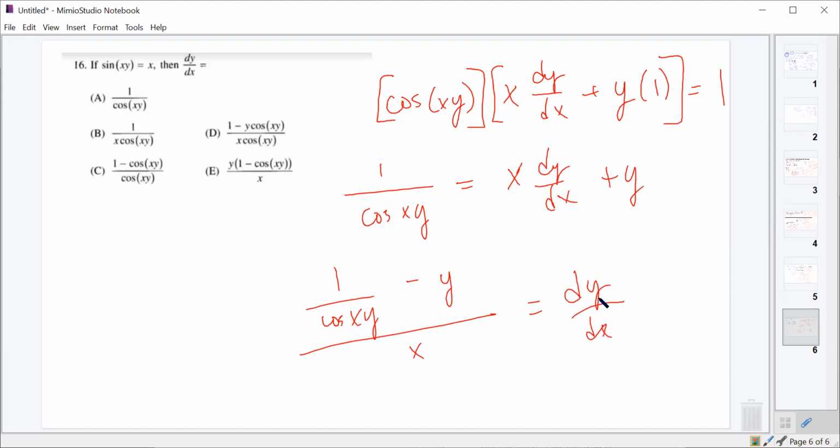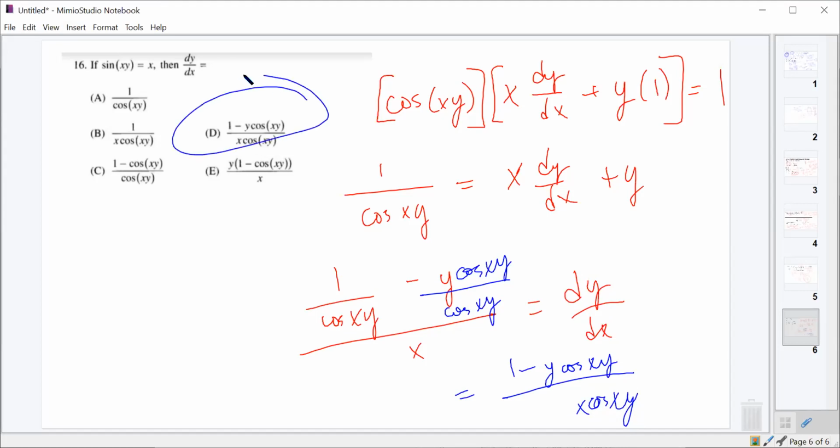That is clearly not one of the answer choices, but we can get a common denominator here. That makes this 1 minus y cosine xy over x cosine xy, which appears to be choice D.